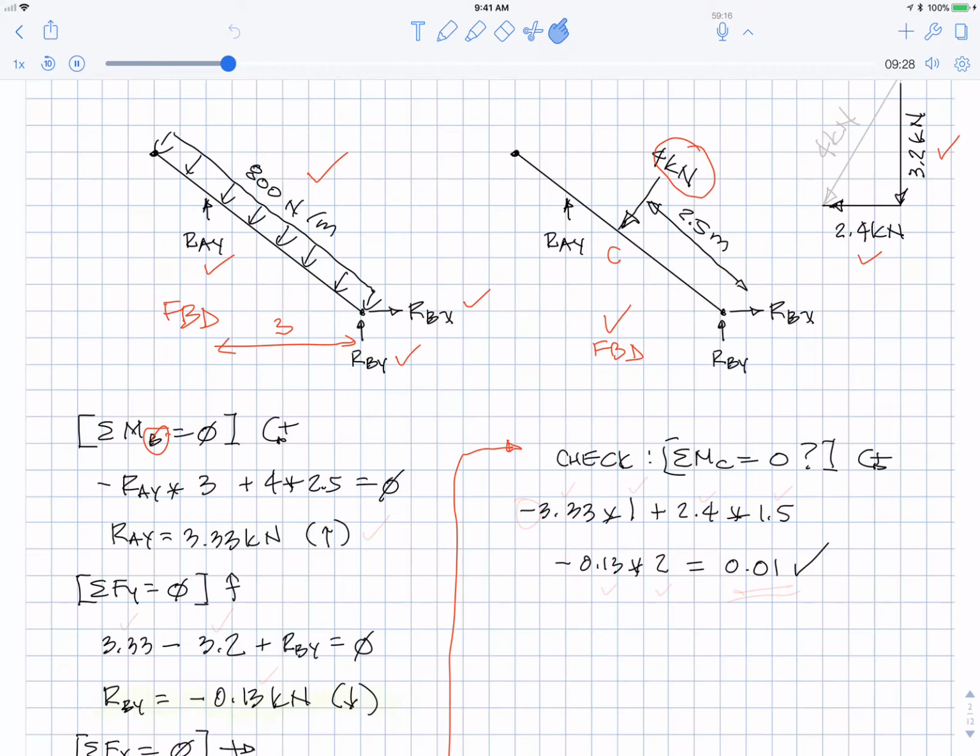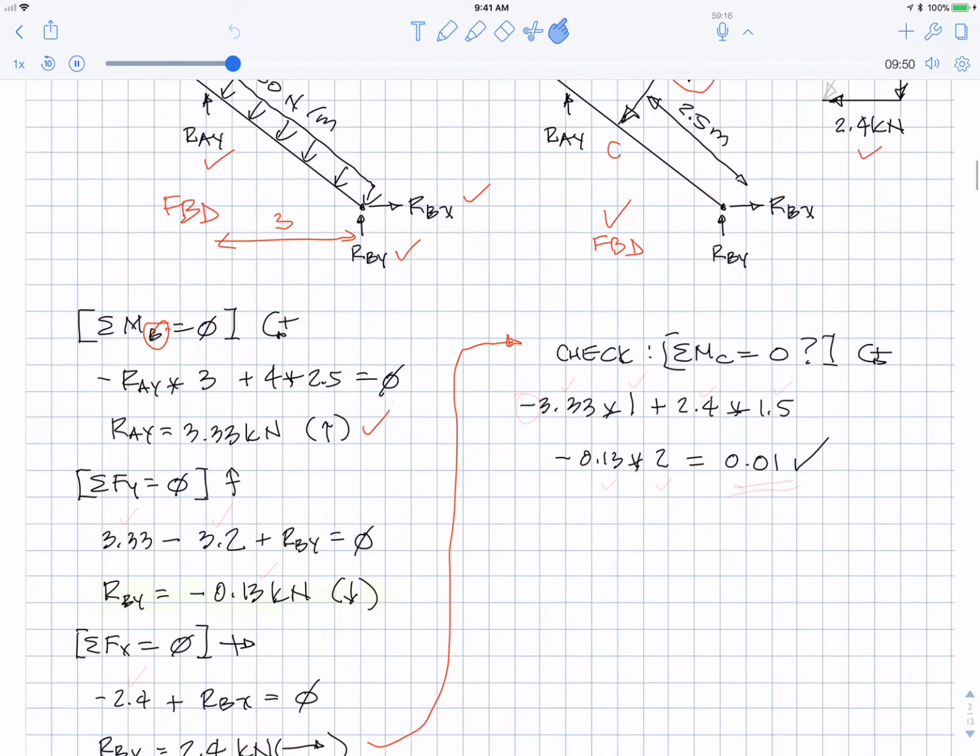And that 4 kilonewtons, its perpendicular distance from B is the 2.5. And solving for that, you get 3 1/3 kilonewtons, 3,333 newtons going up. It's actually 10/3.